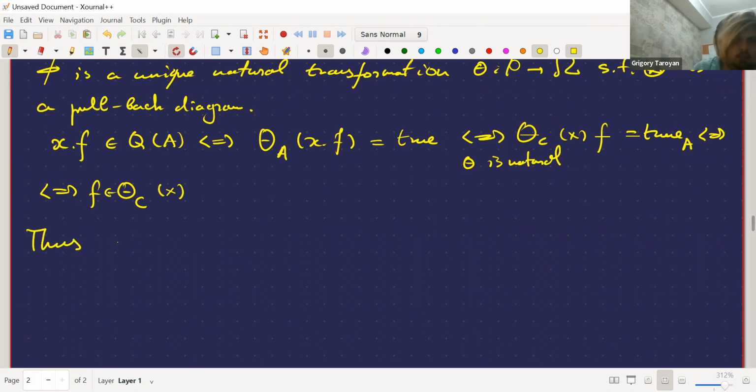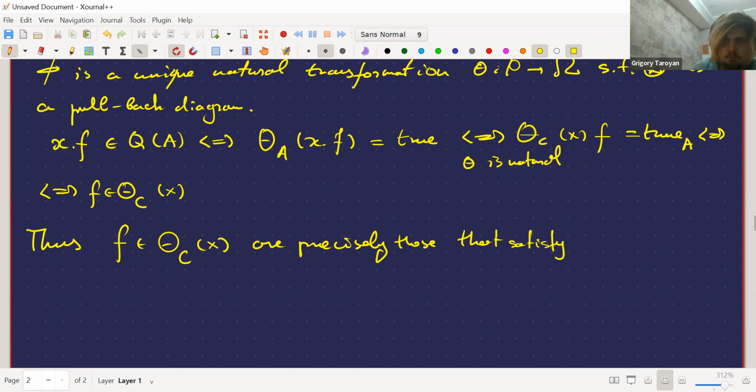Thus, F inside of theta C of X are precisely those that satisfy the following: XF belongs to Q of A, which is in turn equivalent to F belonging to phi C of X. Thus, we've just explained why phi C is uniquely determined by the condition that the starry diagram is a pullback.